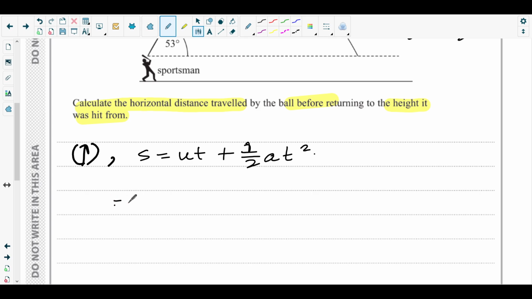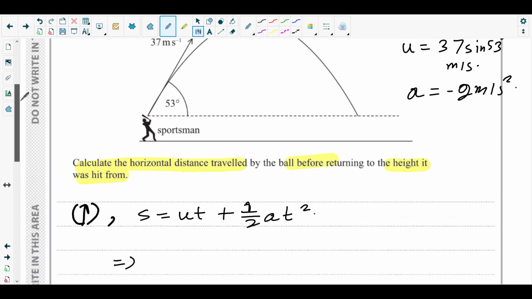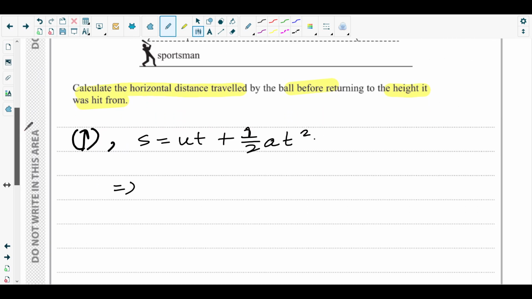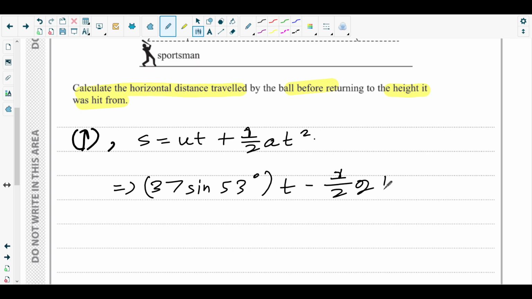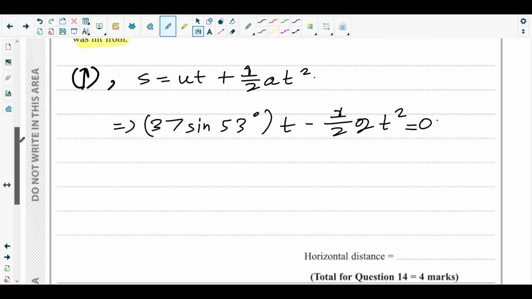Here s is 0, and u is 37 sine 53 degree, so ut minus half g t squared equals 0.